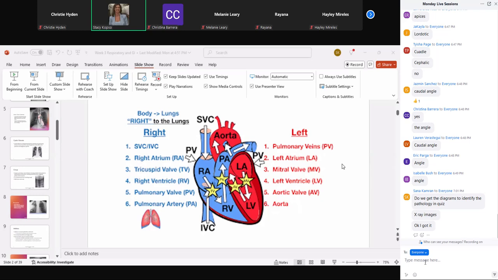If you have completed the assignment and you are really stuck on some of the questions, if you can't find it anywhere, you can always shoot me an email and I can guide you through that. That assignment is going to be important for you to put in your little folder to prepare you for the registry, because the abdomen area with fluoro tends to be a weak area for students.